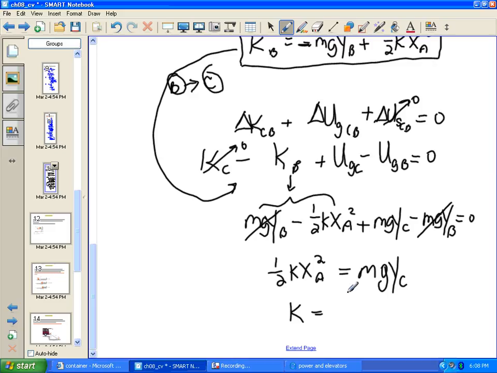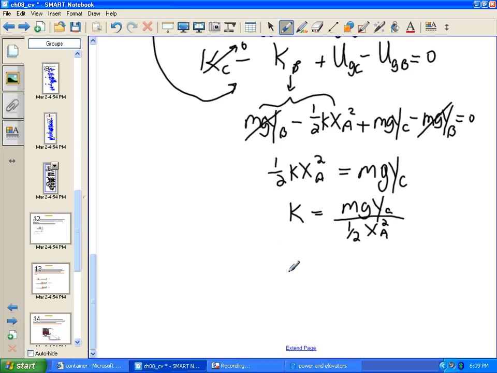Solving for k, we get k equals mg y sub c divided by 1/2 x sub a squared, and remember that y sub c is 20.12, not 20.